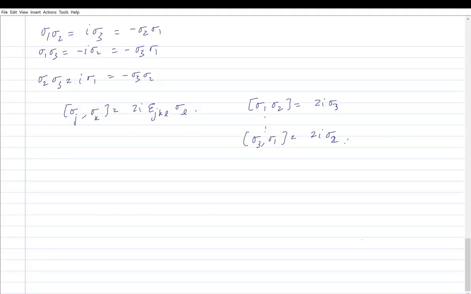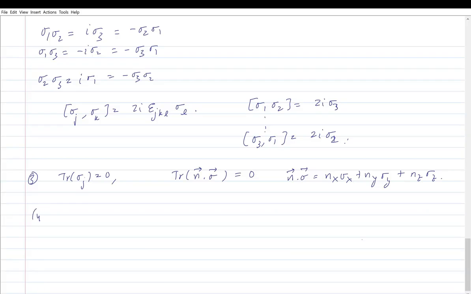These are traceless. Trace of n dot sigma, again where n dot sigma is nx sigma x plus ny sigma y plus nz sigma z.